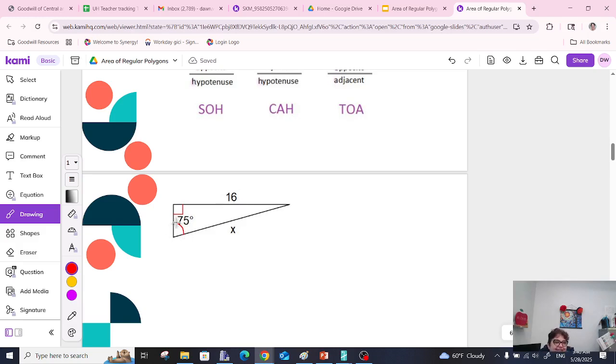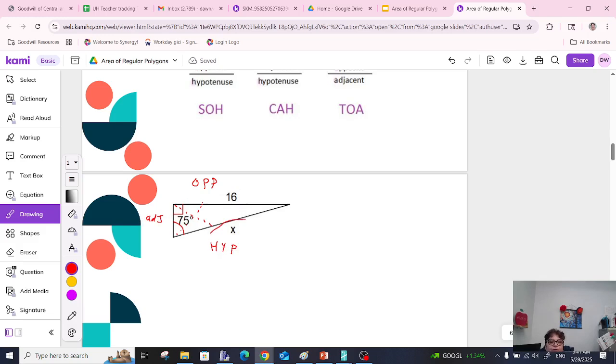Okay, so here's 75 degrees. I put my finger on 75, and now I mark up my triangle, right? So across from the 75, what do I call the 16? Opposite. And then I look at the 90, and I call this one hypotenuse. And then the leftover one is adjacent.